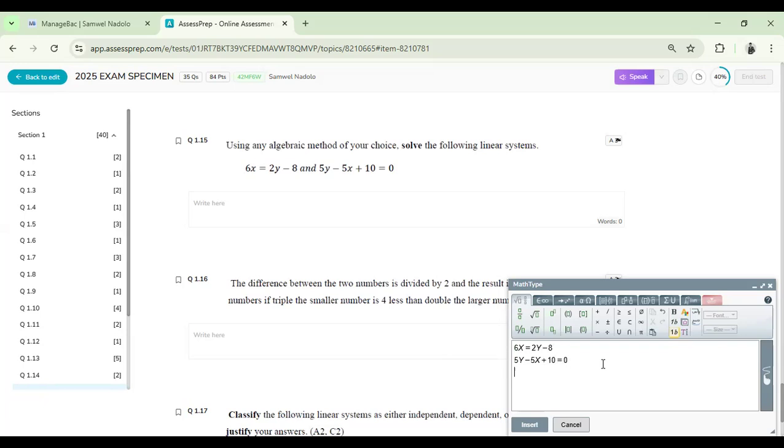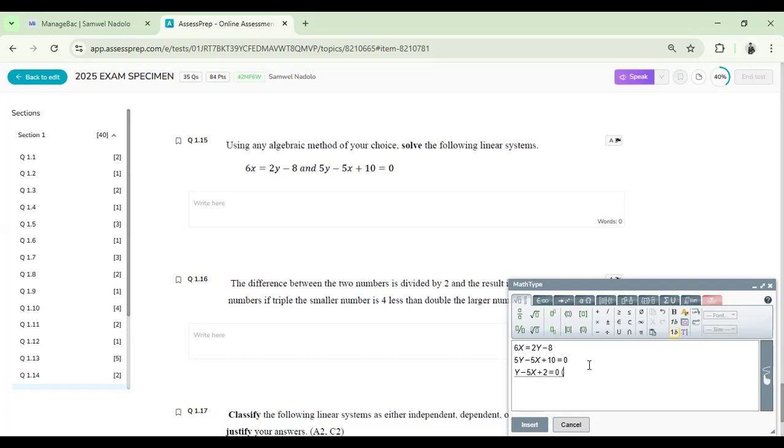The second equation looks easier to use because I see 5, 5, and then 10. So you can divide everywhere by 5, and it will become y minus x plus 2 is equal to 0.